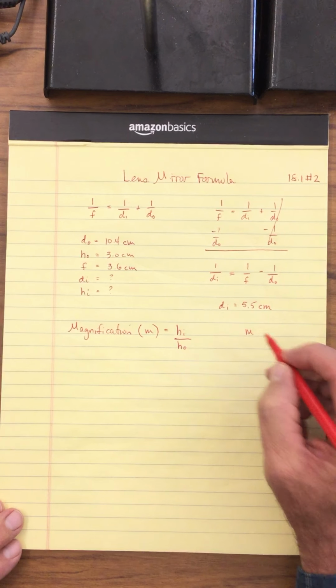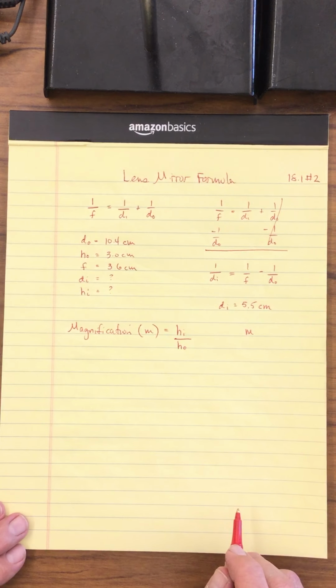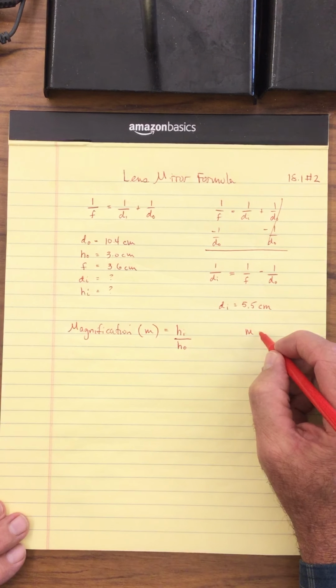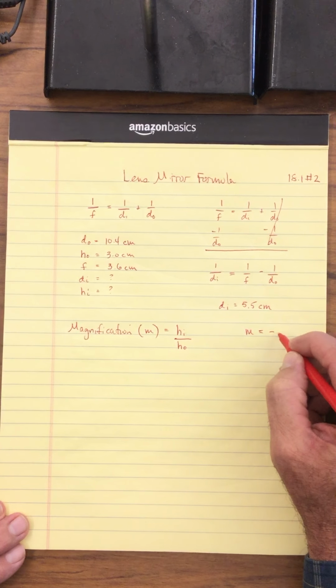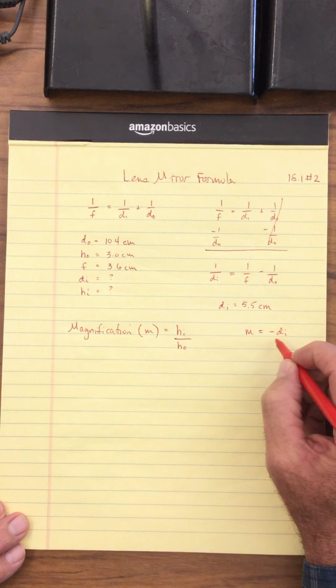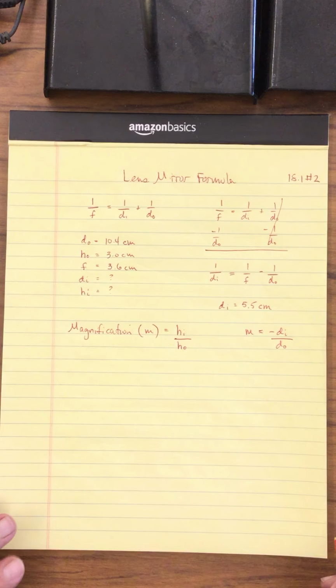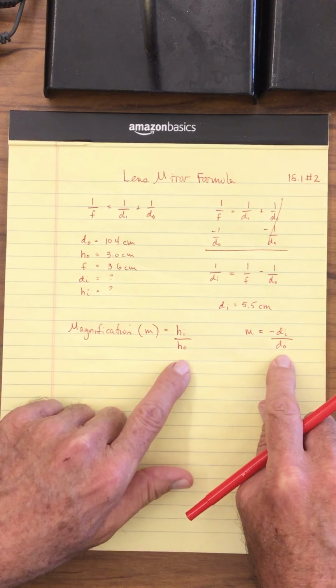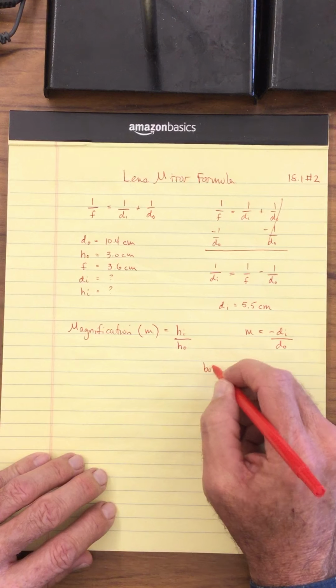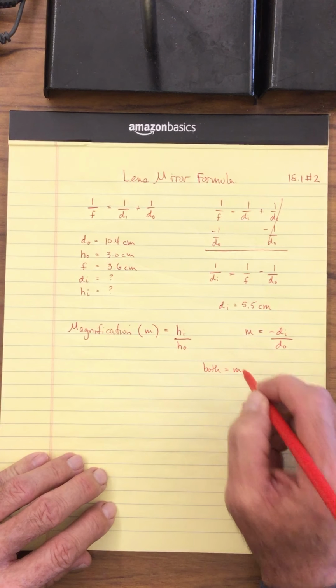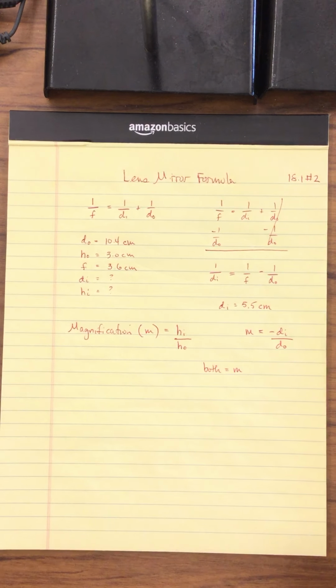So that's one of the formulas for magnification. But there's another formula that you can calculate the magnification by using the distances. The magnification is equal to the negative distance of the image divided by the distance of the object. Since both of these equal m, we can actually set them equal to each other.